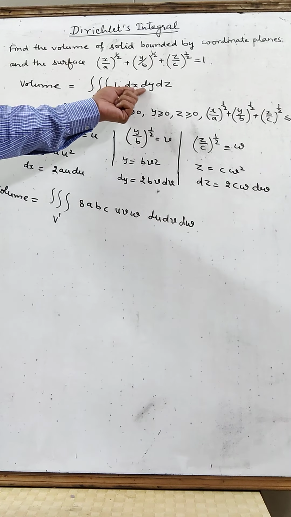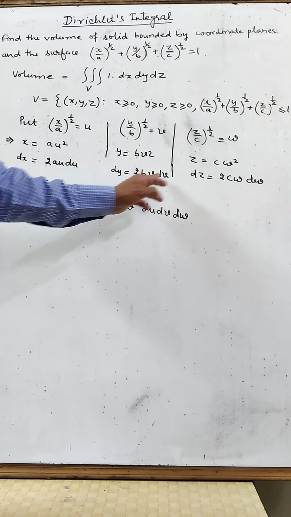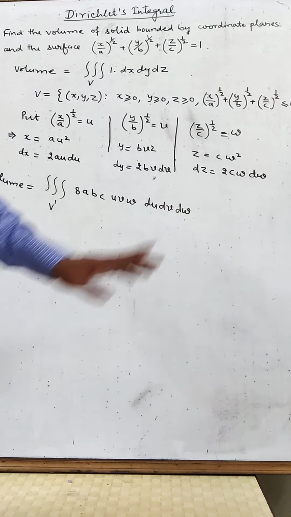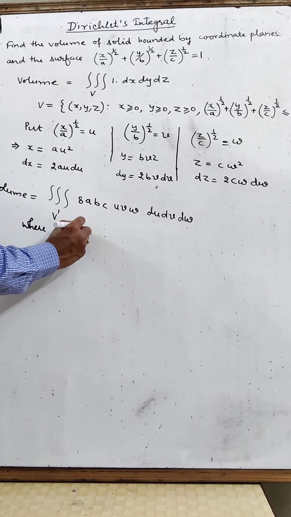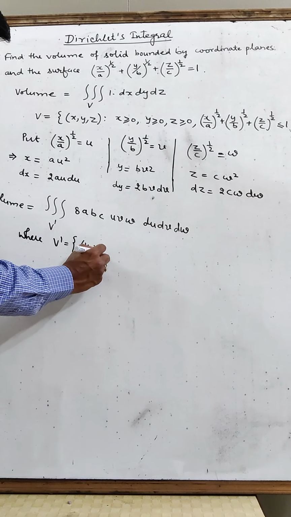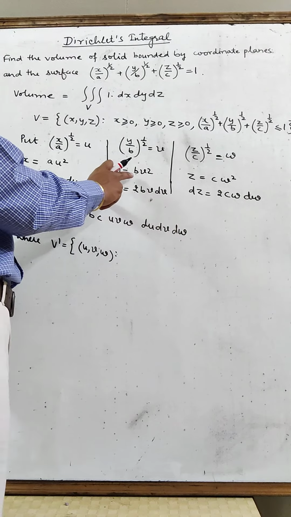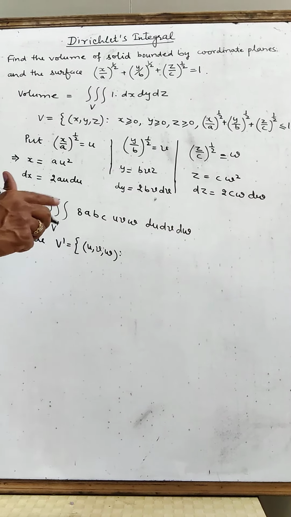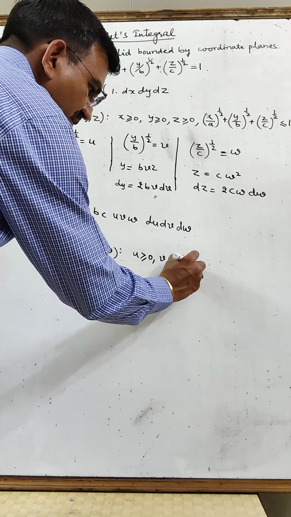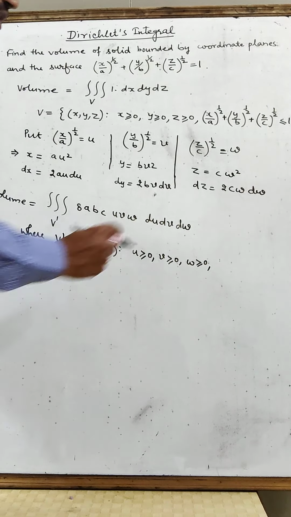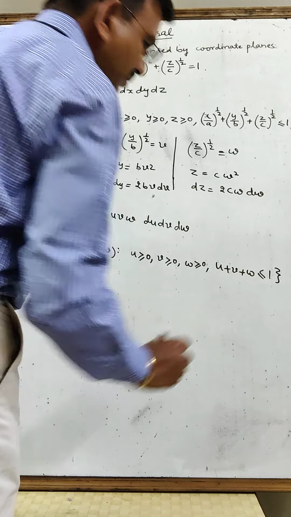Now we multiplied dx dy dz, 2 into 2 into 2, 8abc uvw du dv dw, where V dash is the volume bounded by, replacing x by au squared, y by bv squared, z by cw squared: u ≥ 0, v ≥ 0, w ≥ 0, and u + v + w ≤ 1.